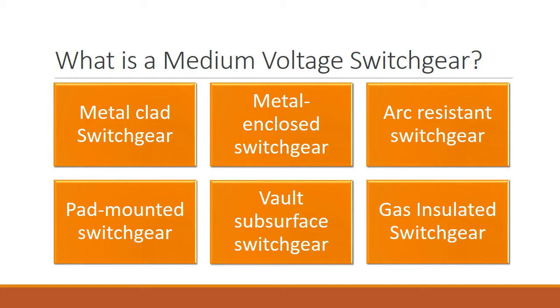Next up is the pad-mounted switchgear. IEEE C37.74 specifies this type of switchgear. Now, pad-mounted switchgear is designed for subterranean distribution systems with a voltage range of 5 to 38 kV that must be operated above ground.